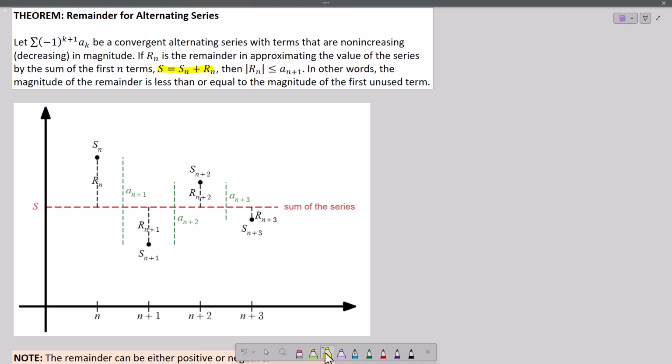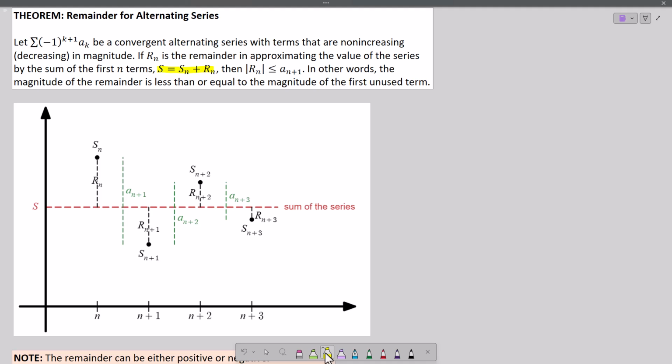And let's look at this picture. So this alternating series is going to converge to whatever this S value is. And S sub n is whatever this number is right here. Well, if we went and added the next term, a sub n plus 1, that's what's in green. That would be a negative number.